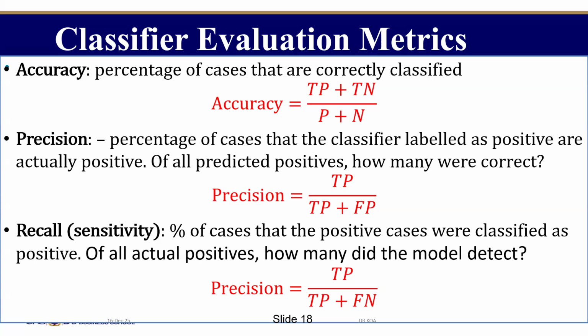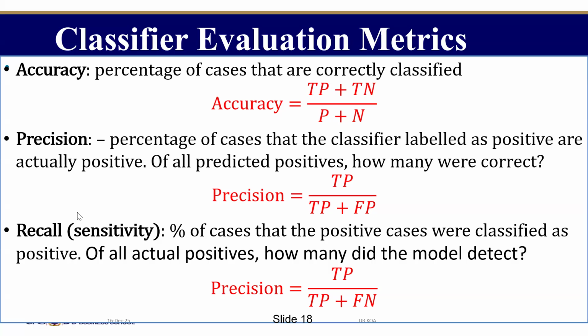In other words, for precision, of all the predicted positives, how many were correct? This one says of all the actual positives, not predicted, but the actual positives, how many were correct?